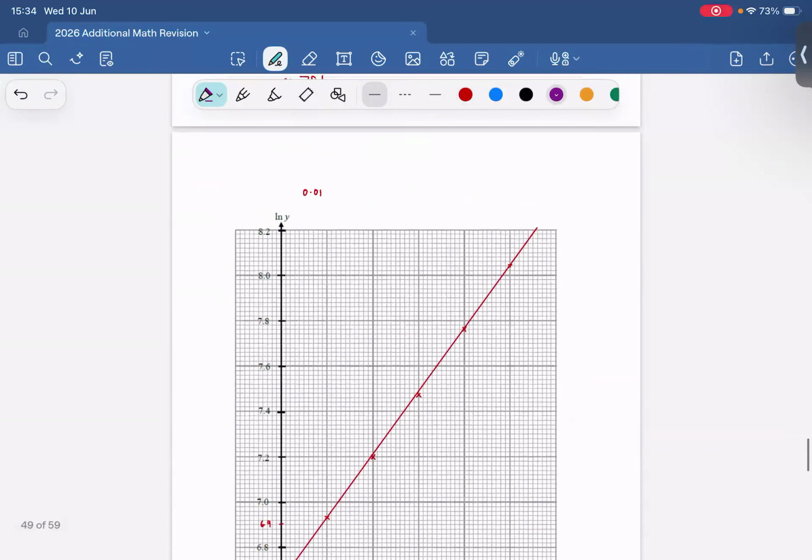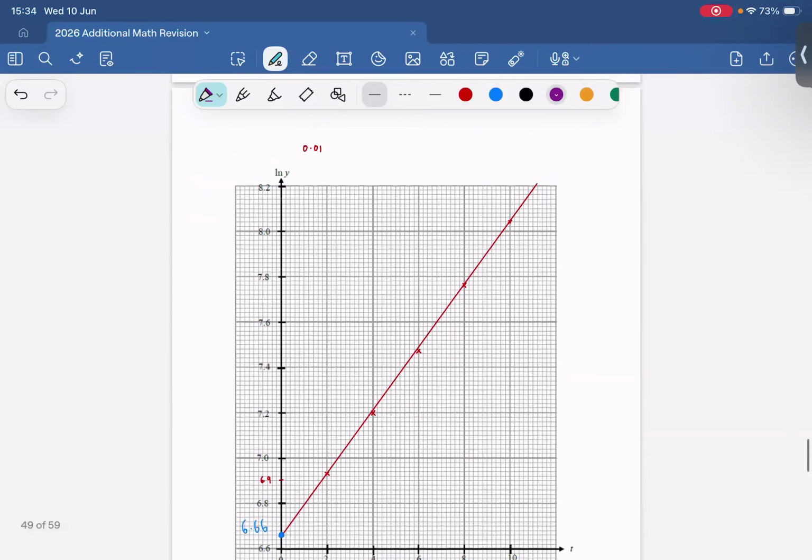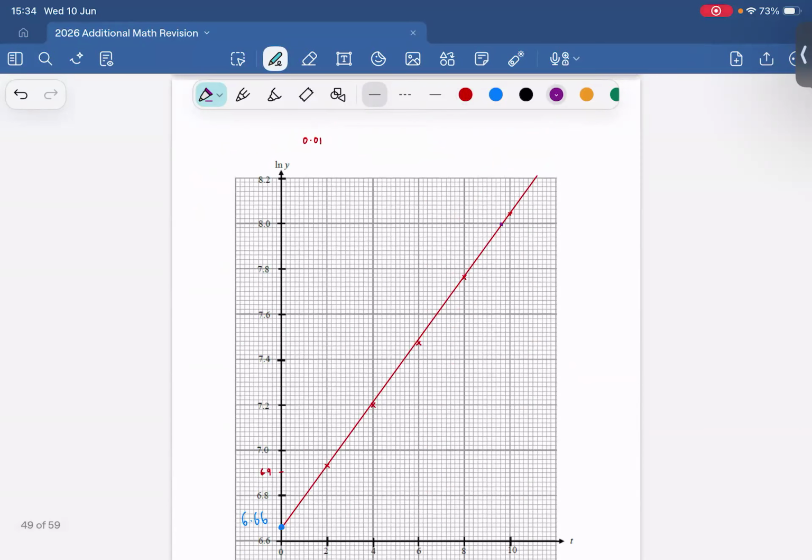Okay, now to find gradient, choose 2 points. Try to choose points that you have not plotted lah. So this one is 9.6, and then 8. Then this point 5.4, comma 7.4.